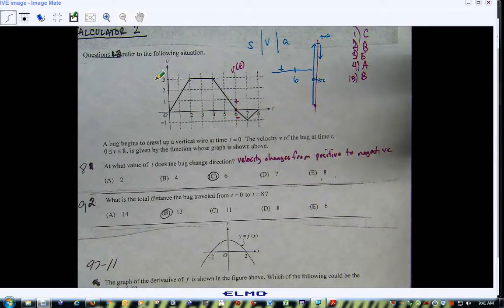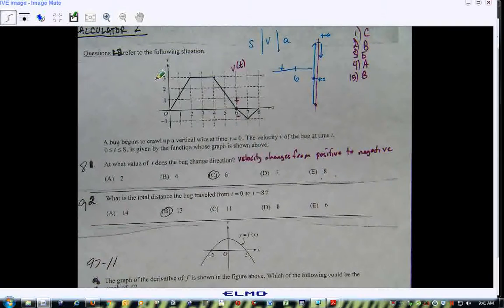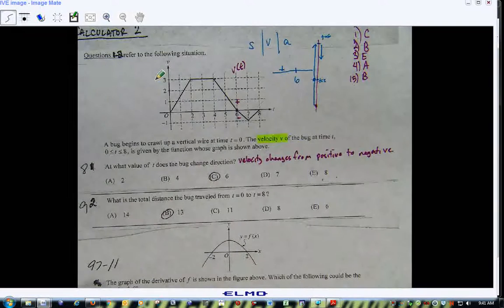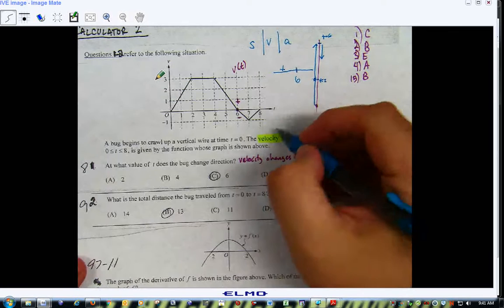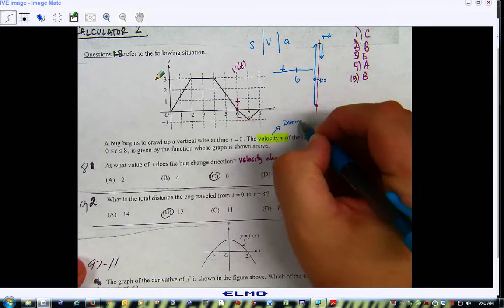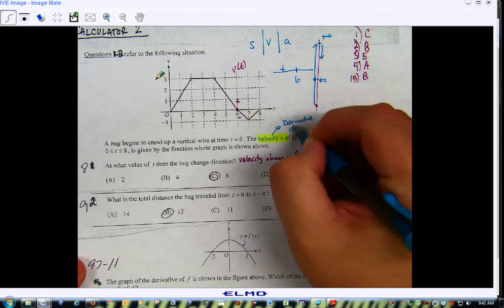However, we do know this, and this is a key thing: when you're talking about velocity in this type of problem, think of velocity as a derivative of position.